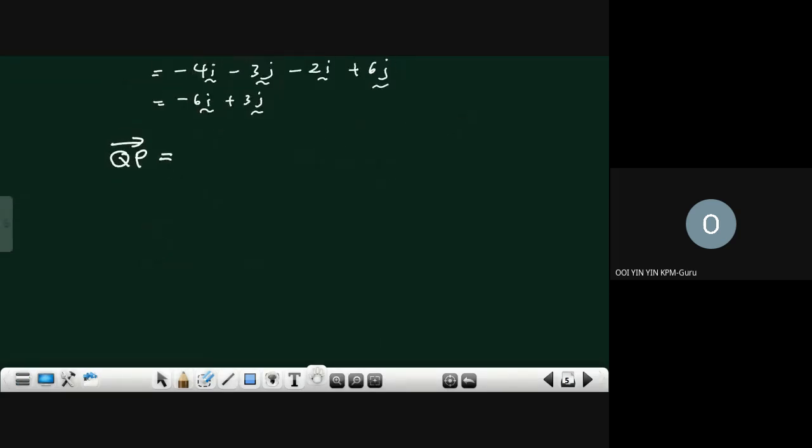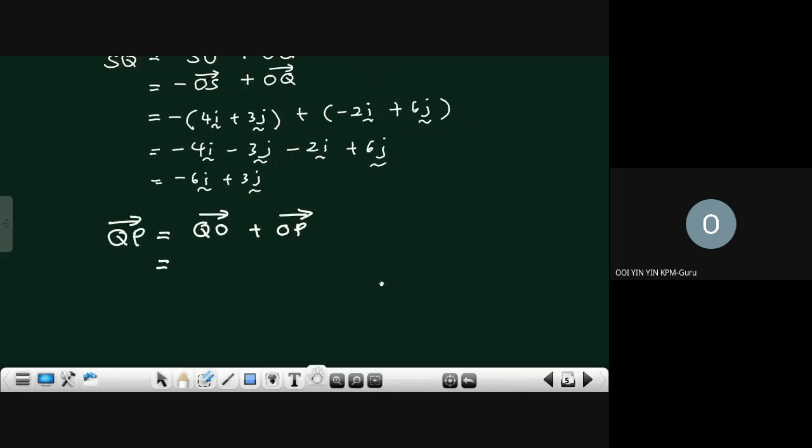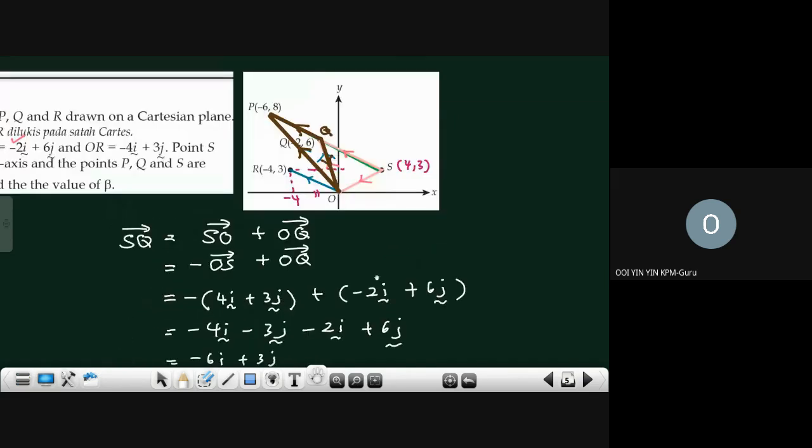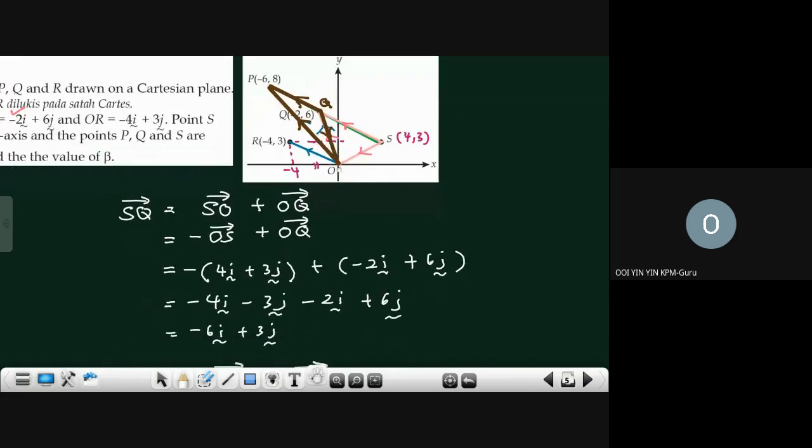Then come, we can write as our Q to O, and then plus with our O to P. Okay, like this. Okay, then our Q to O. Yeah, as I told you, do we have Q to O? QO 有吗? No, we don't have.